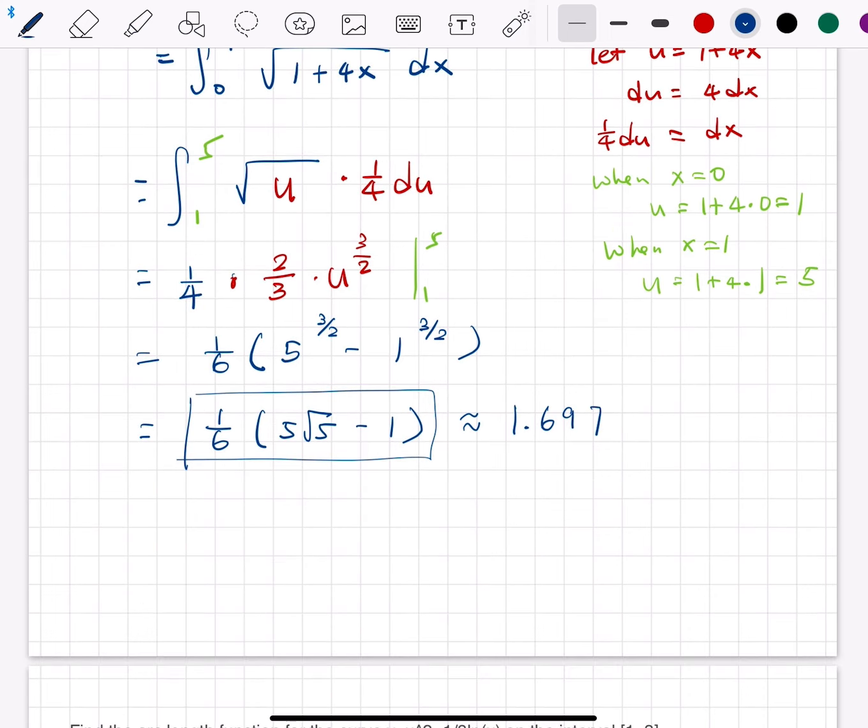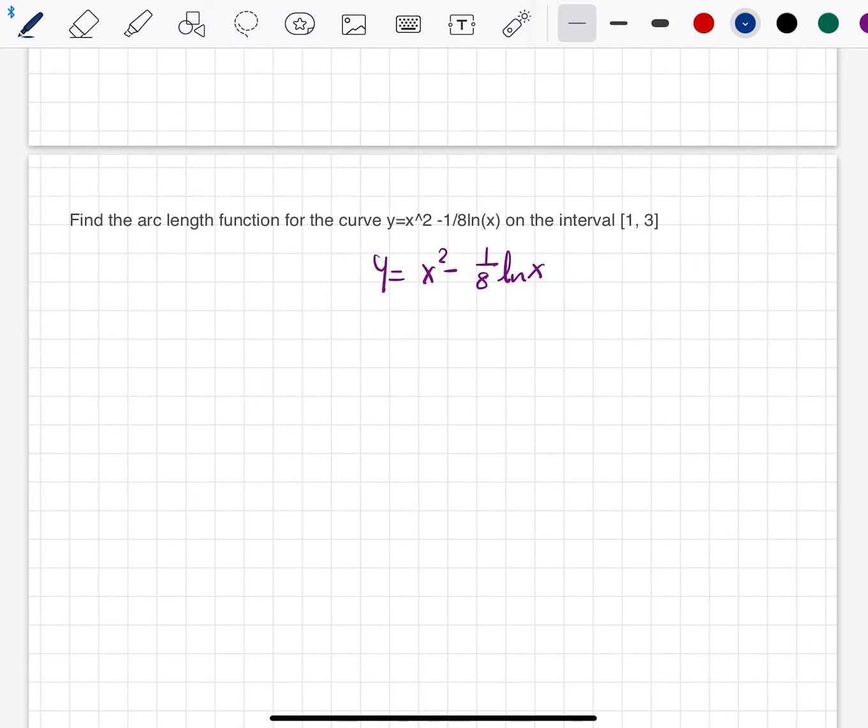Now we have another example, but this time the curve is y equals x squared minus 1/8 ln of x over the interval 1 to 3.